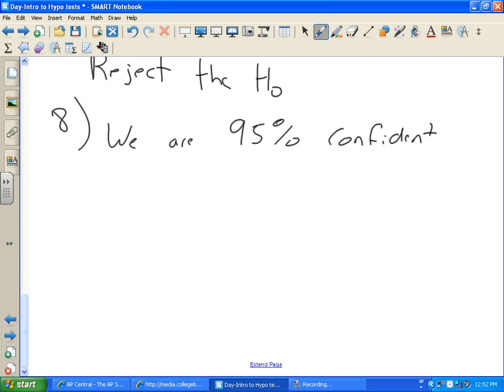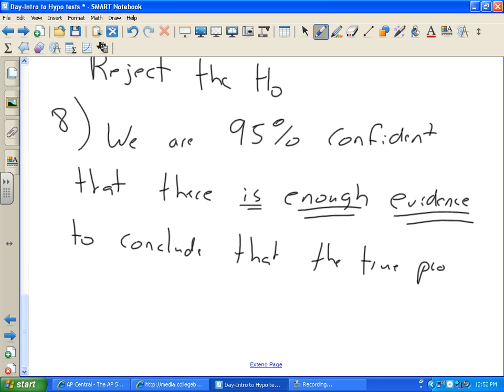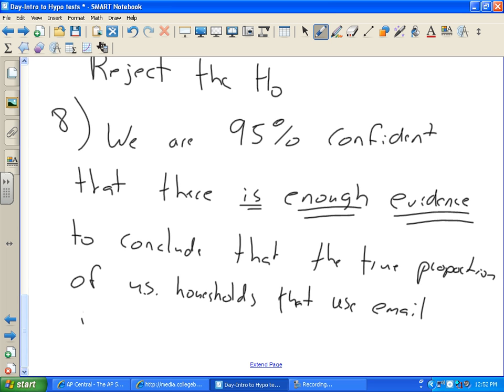We are 95% confident that there is enough evidence to conclude that the true proportion of U.S. households that use email is less than 20%.